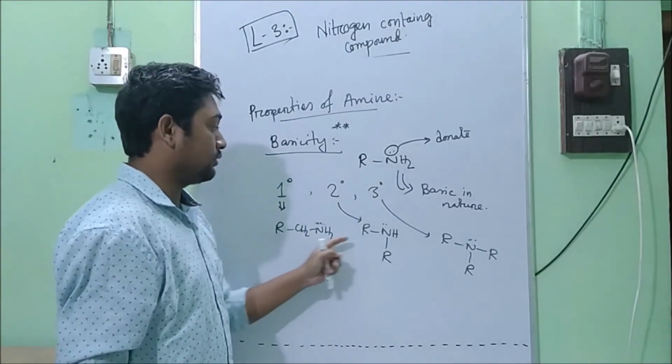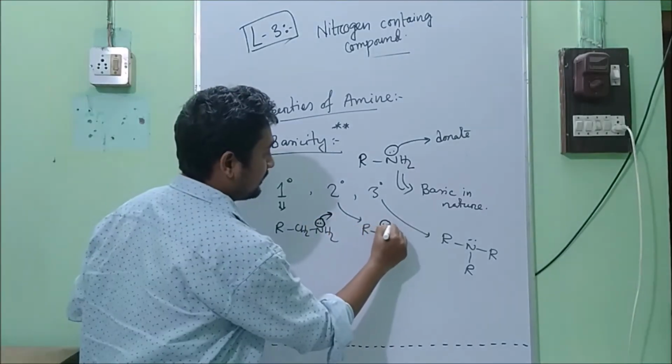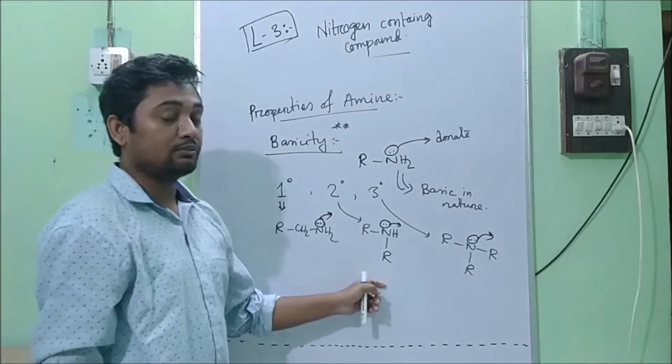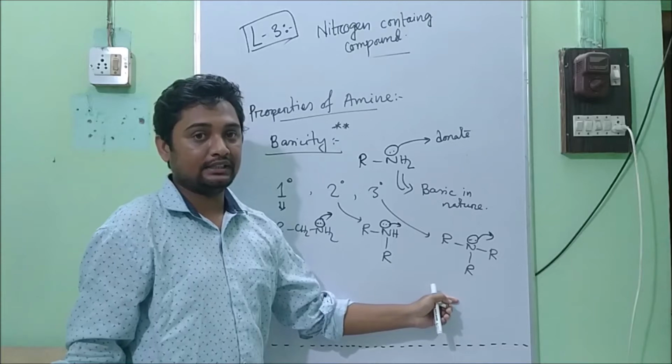So every nitrogen has a lone pair, and because of this lone pair, it becomes basic. Now which one is more basic?